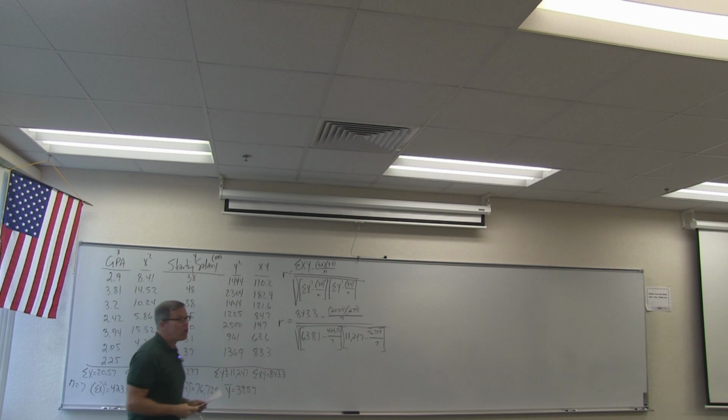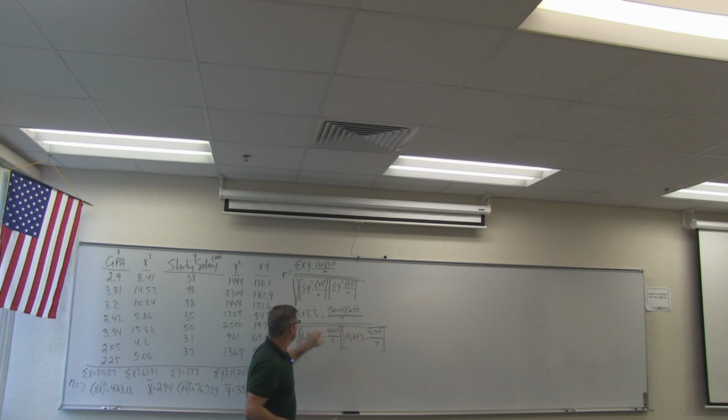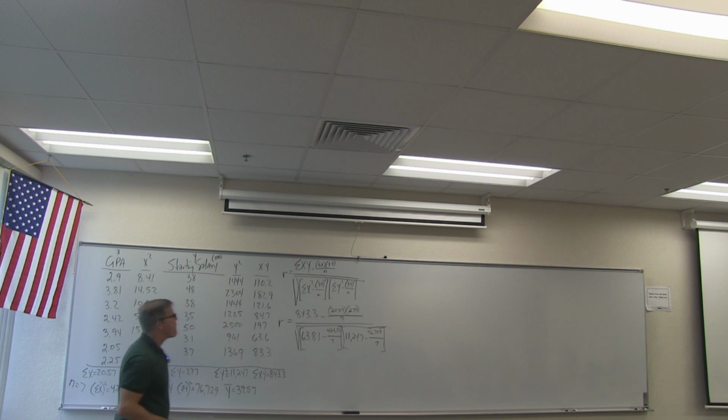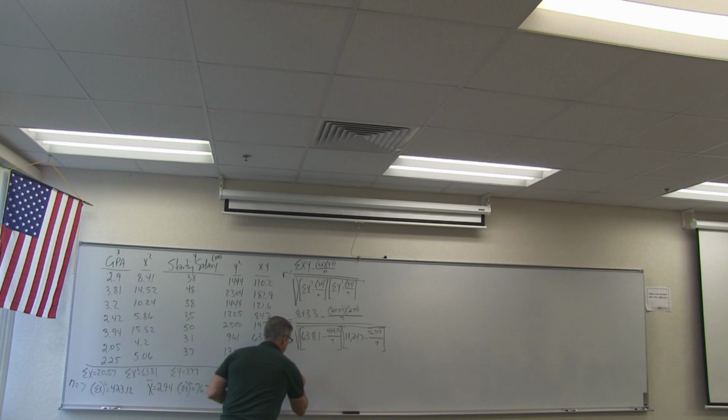Now it becomes simple order of operations. Again, you know, this whole quantity subtracted from this whole quantity subtracted from this whole quantity subtracted from this. And so we do that.